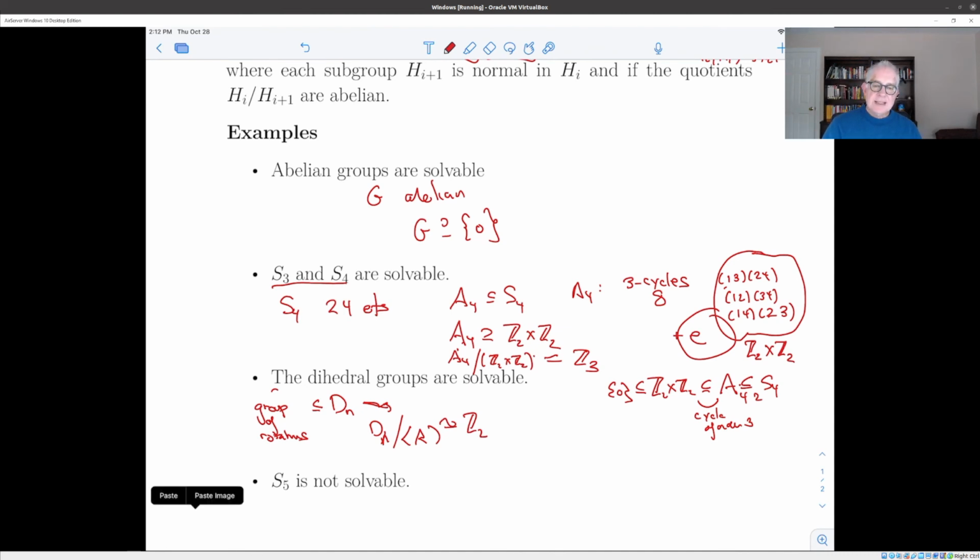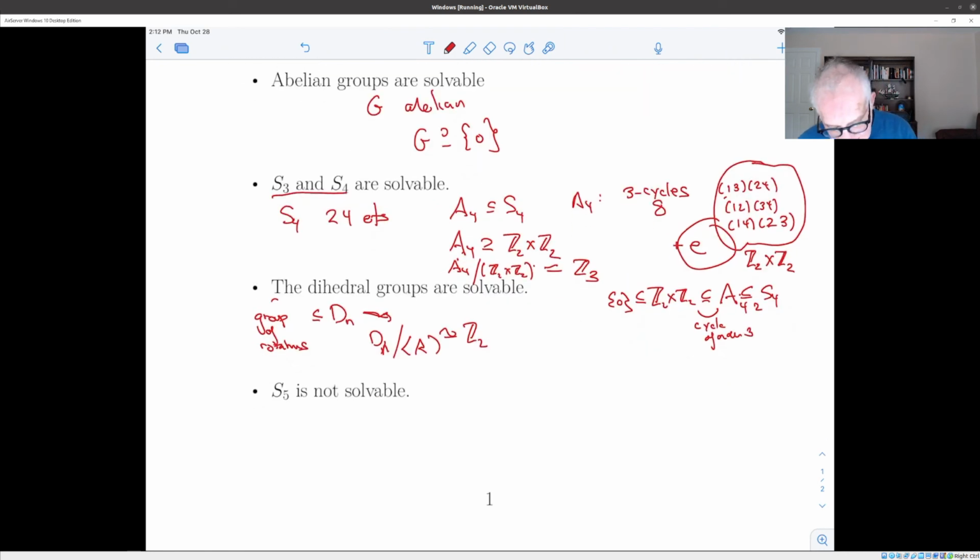And the example of a non-solvable group is this symmetric group on 5 elements. S5 has a normal subgroup, the alternating group on 5 elements. So S5 has 120 elements, A5 has 60 elements. But I mentioned this earlier. I didn't prove it because it's kind of a pain, but A5 has no non-trivial normal subgroups.